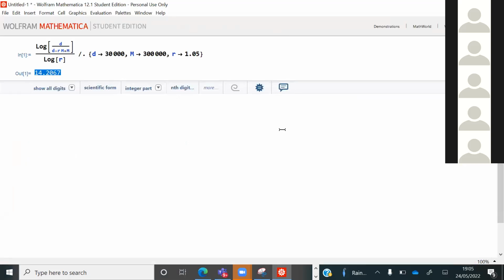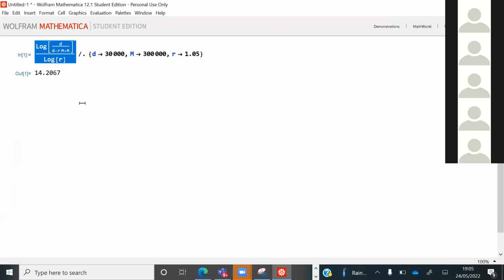Other software packages are available. As you can imagine, as a physicist, when you go to university, this formula that we've got for the length of time to pay off a mortgage is exactly the sort of formula that you might get out from a physicsy type of situation.